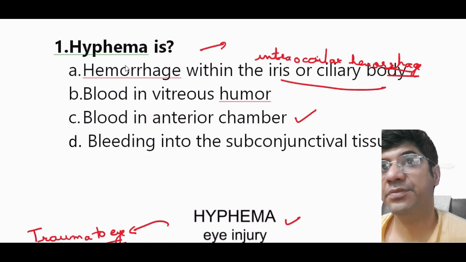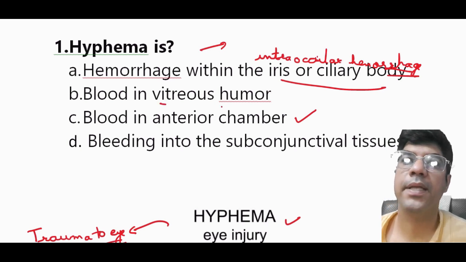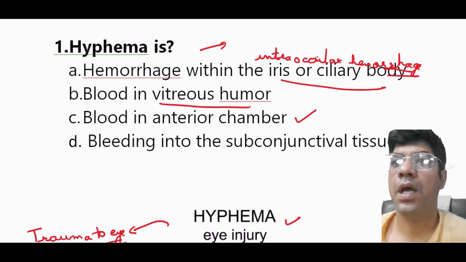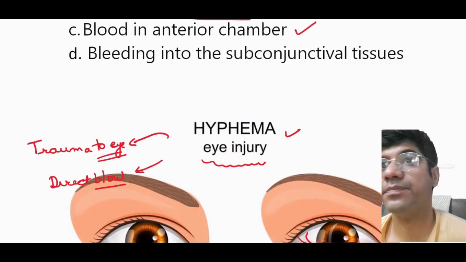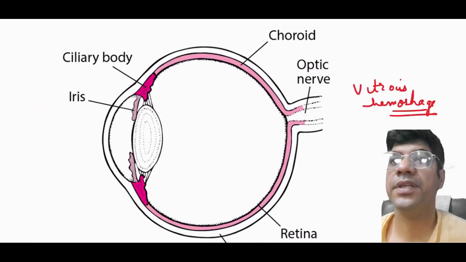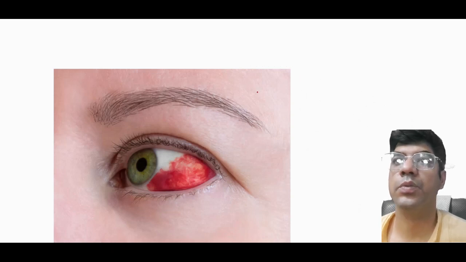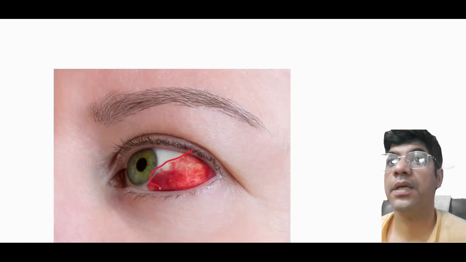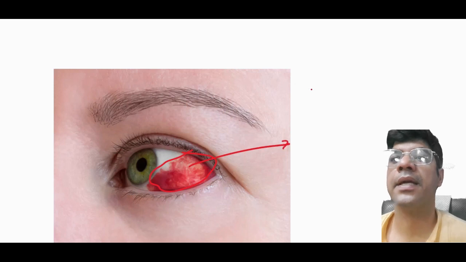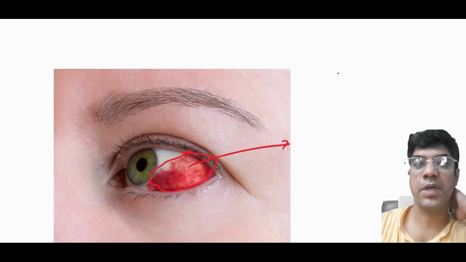Option B is blood in the vitreous humor. As we know, the vitreous humor is a gel-like substance. The last option is bleeding into the subconjunctival tissue.